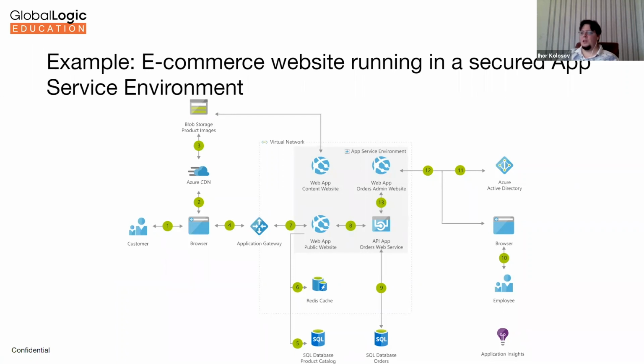So as you can see, the diagram name already has some useful information about your business domain. It is an e-commerce solution, right? So probably it is something related to the retail business domain. Also, as you can see, we have a customer mark here.